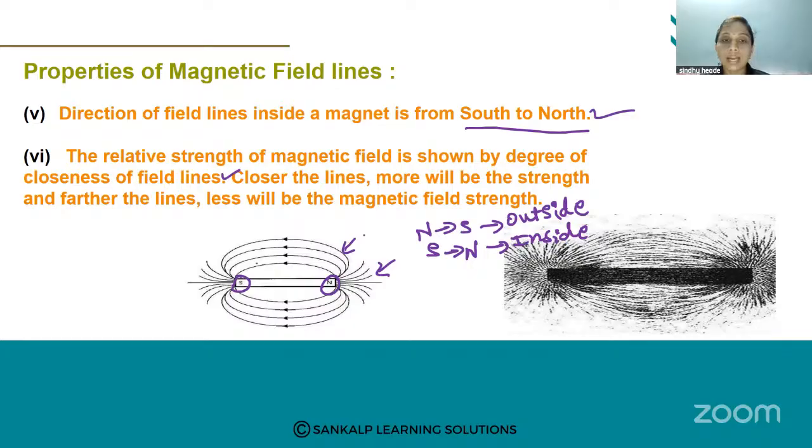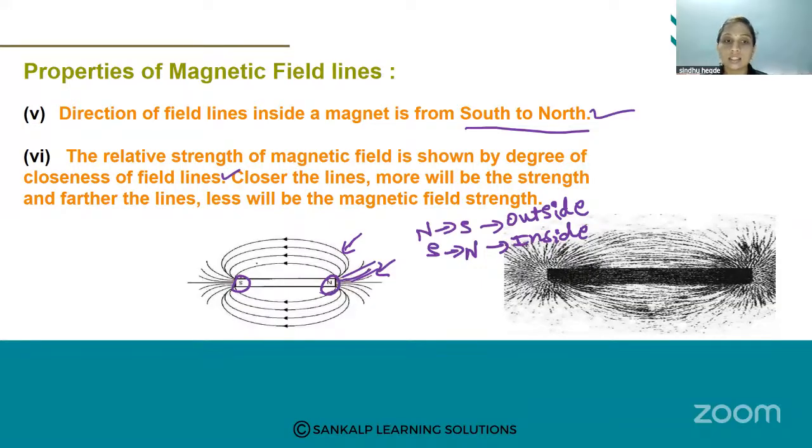See, compared to this outside field lines, the field lines in the pole are very, very high, right? A very, very large number of field lines are generated at the pole. That means here the strength of the magnetic field is shown by degree of closeness.